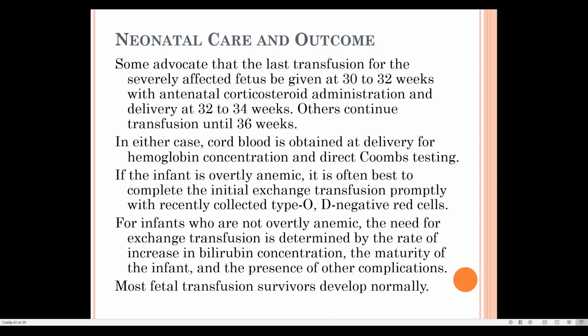Neonatal care and outcome. Some advocate that the last transfusion for the severely affected fetus be given at 30 to 32 weeks with antenatal corticosteroid administration and delivery at 32 to 34 weeks. Others continue transfusion until 36 weeks.